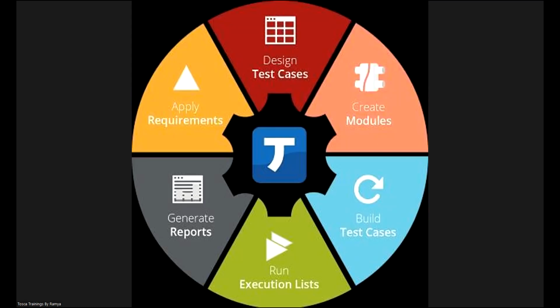One more thing: suppose I have automated a process and there is an update for a particular process. Only that particular module I can rescan or automate again, right? Remaining all the steps will be the same. That is the added advantage of Tosca, if I'm correct. Yes.